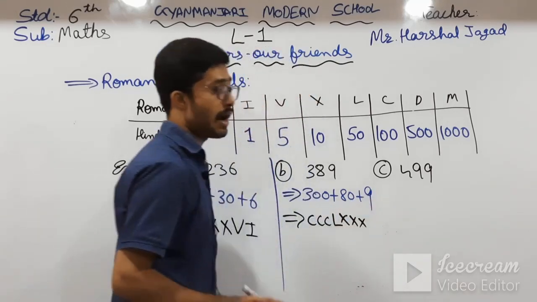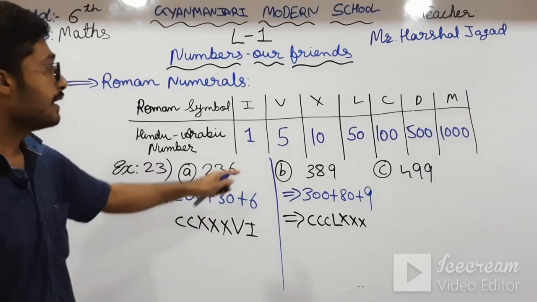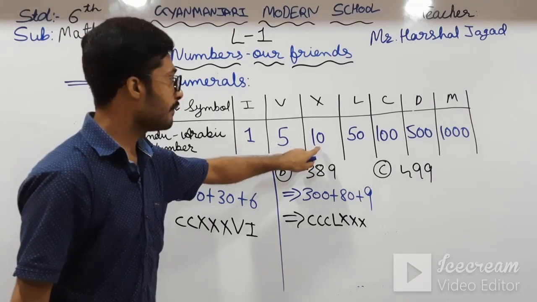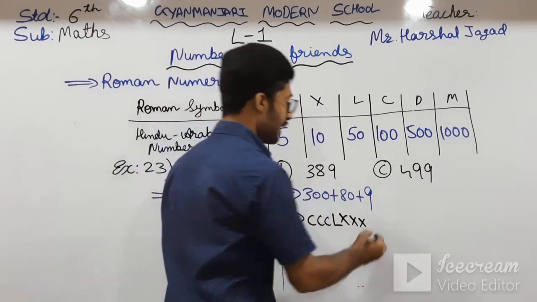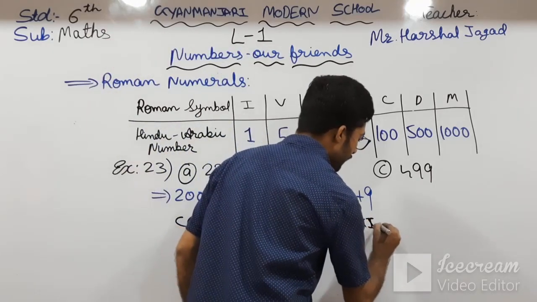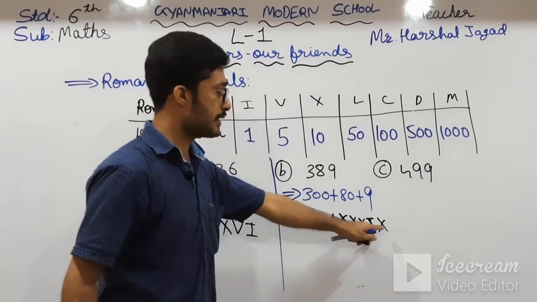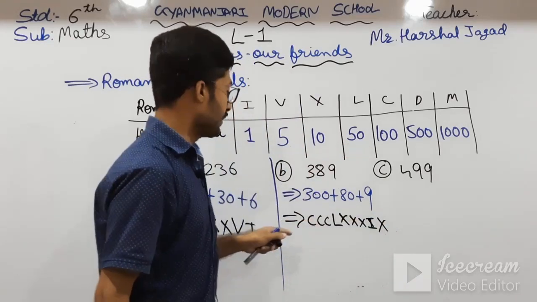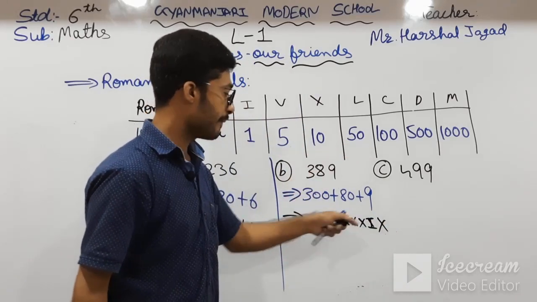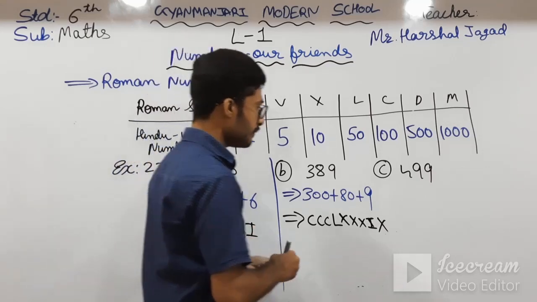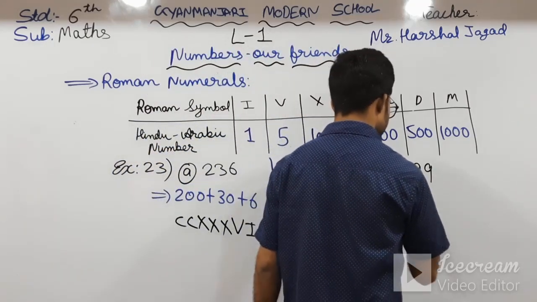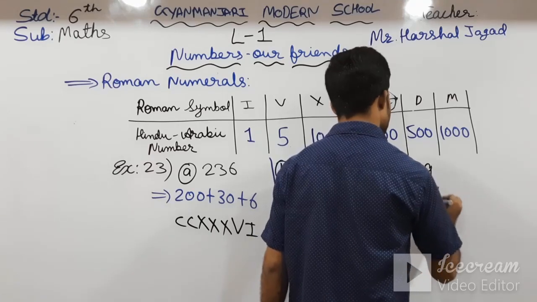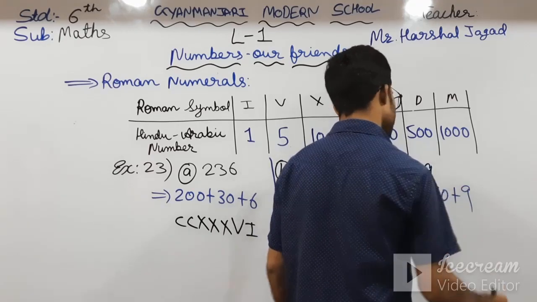And 9, how can we write 9? We can write 9 as I before X, IX. Okay students, this is 9. So this is 389, students. Next, how can we write this? 400 plus 90 plus 9.